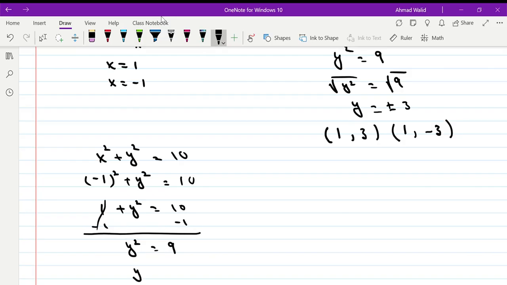It means y equals plus minus what? 3. It means you get another set of answers. When x is negative 1, y can be 3. And when x is negative 1, y can be negative 3. It means here you have 4 answers, correct?